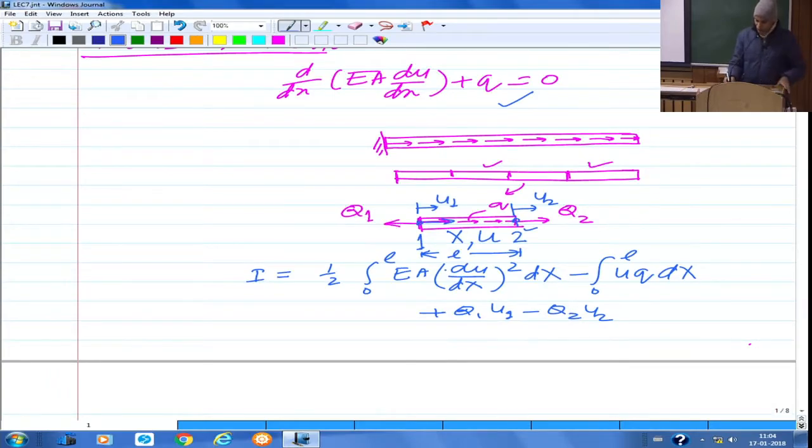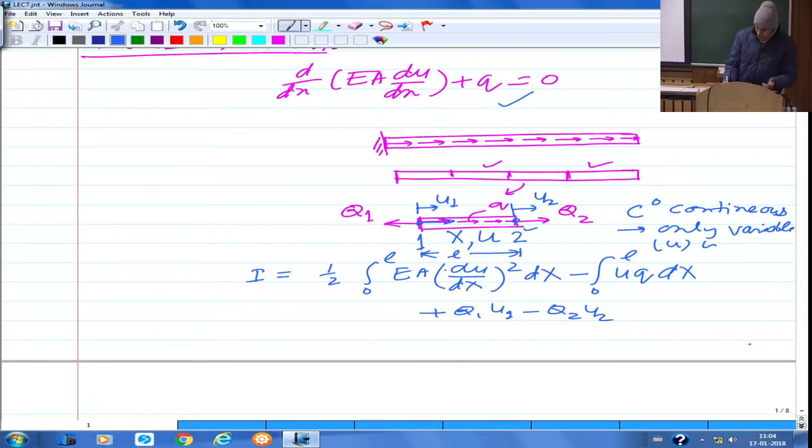So this type of elements we refer to as C0 continuous. C0 continuous means across the elements only this variable is continuous, its derivatives are not. So C0 continuous means only the variable, in this case u, that is your dependent variable, is continuous. Only variable u is continuous across elements.